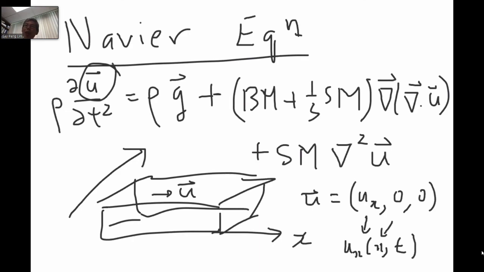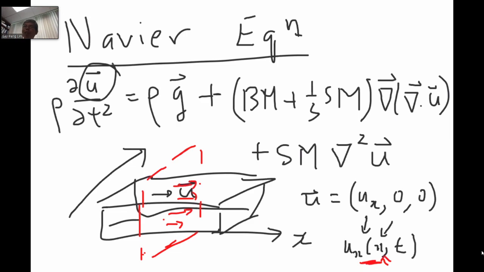So no matter where you are in this plane, every part of this solid undergoes the same uniform translation, or distortion, more like it, because it depends on x. It's not a constant, so that's not a pure translation of the whole solid.